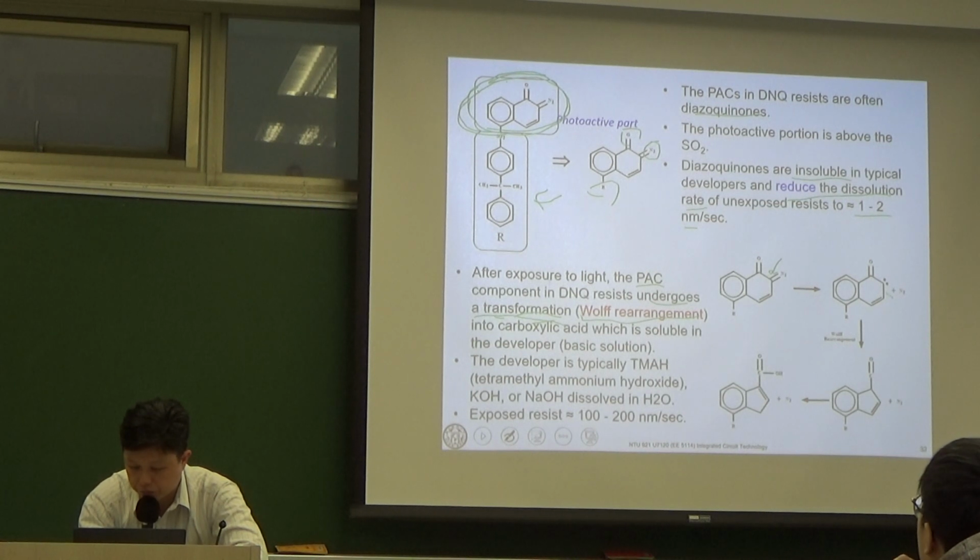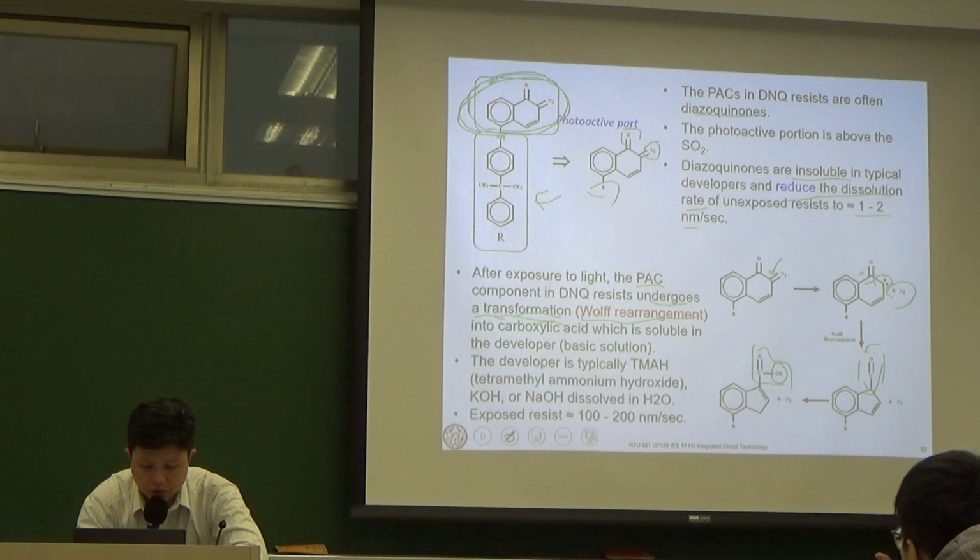Now this nitrogen molecule will be gone. Then this electron will move to here. Okay, and that will create this carbon and oxygen bond, and also they will attach another OH. Okay, so here it becomes this COOH.